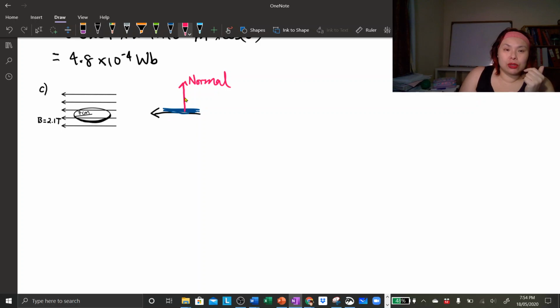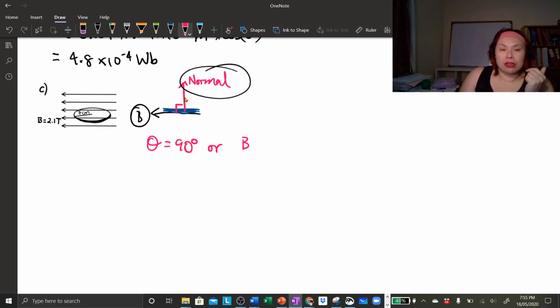So what is the angle between the magnetic field and the normal? In this case, it's 90 degrees, so theta equals 90 degrees, or the magnetic field, B, is parallel to the area.